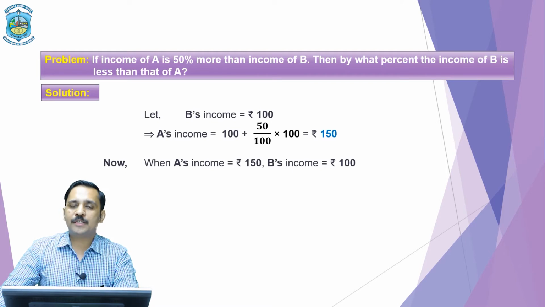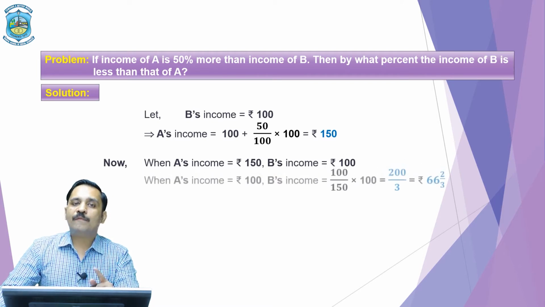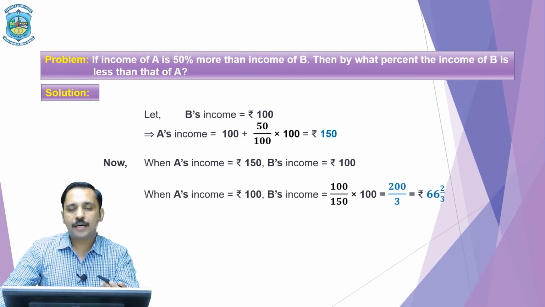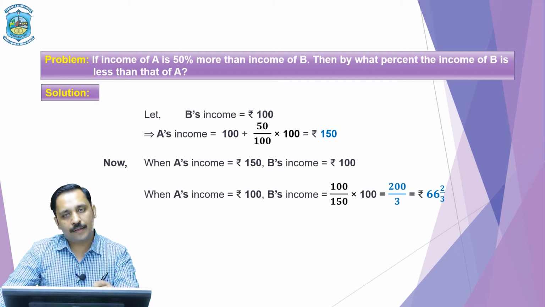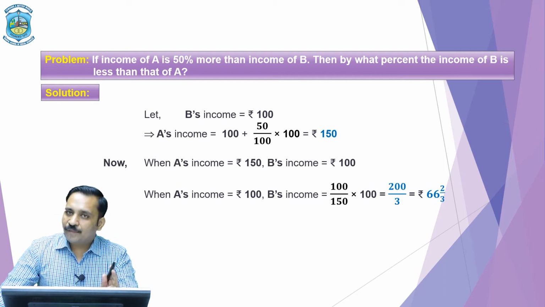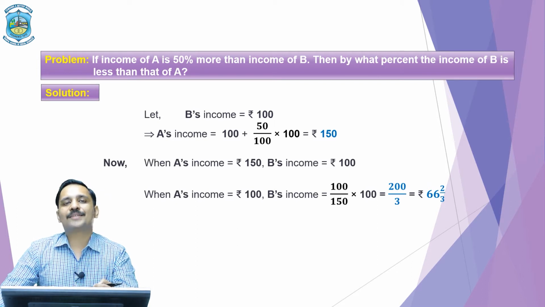In terms of percentage, we always try to find values in terms of 100. Now when A's income is 100, B's income is 100 upon 150 into 100, which is equal to 200 by 3 or 66 2/3. We started with 100 rupees, but now the income of B reduces to 66 2/3.